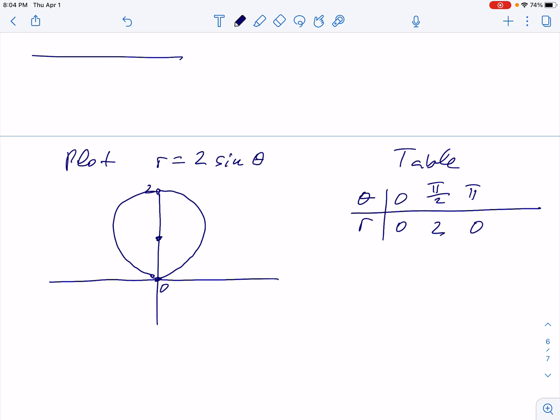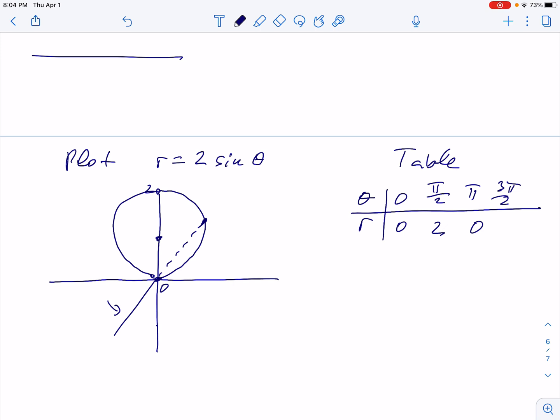Then if we go to 3 pi over 2, sine will become negative. We have to use negative radius. And when we are moving through the third quadrant, we have to measure on the other side. So we are tracing actually the same circle again.